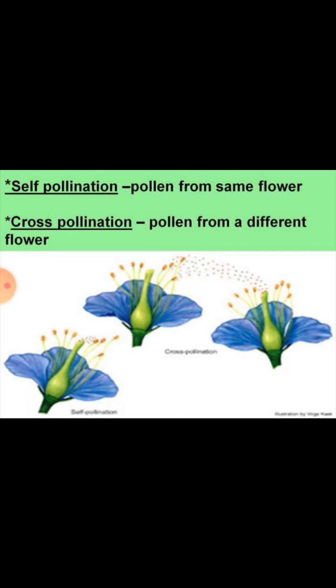And in cross pollination, the transfer of pollen grain from anther to stigma of a different flower is known as cross pollination, otherwise called allogamy. Let me discuss one by one.